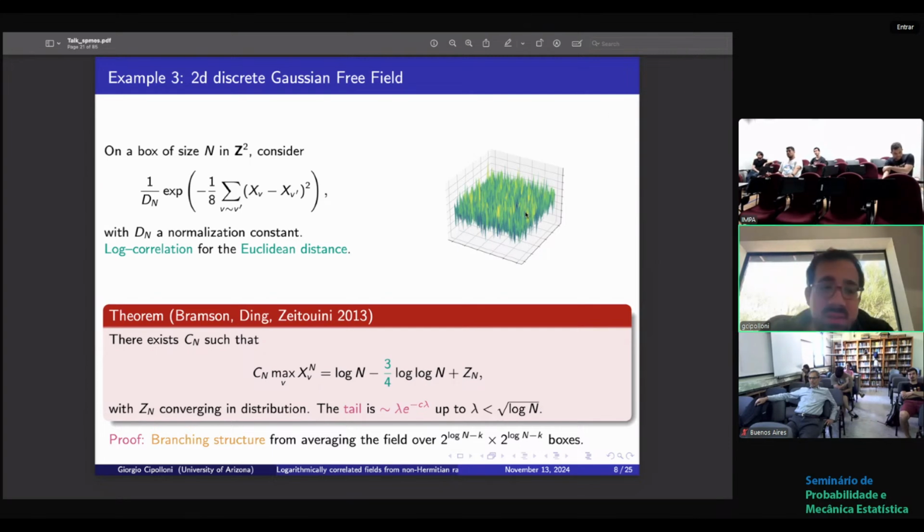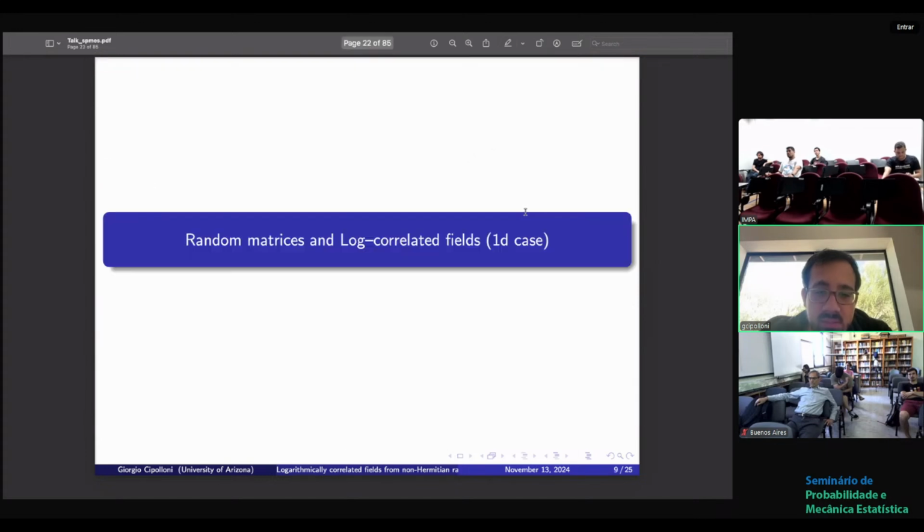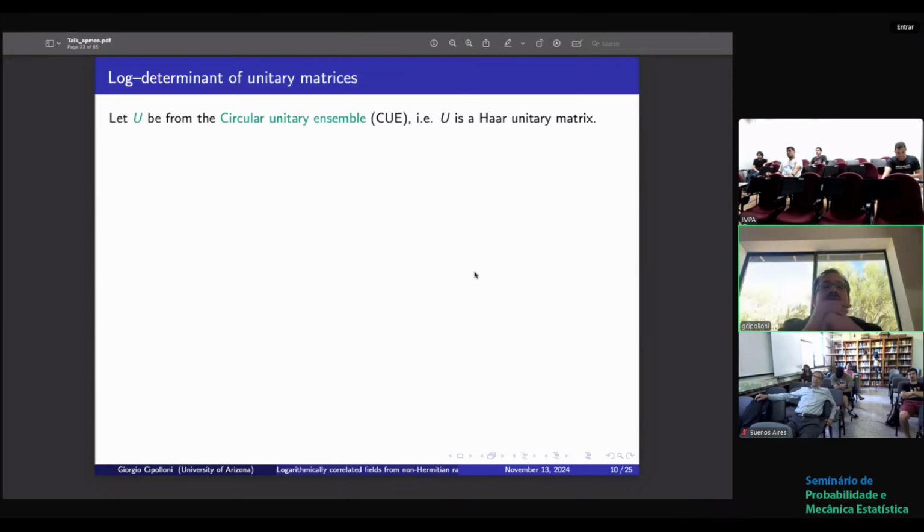Any other question? Okay, so let me now explain historically where this connection between random matrices and logarithmic fields started. It actually goes back quite a while.